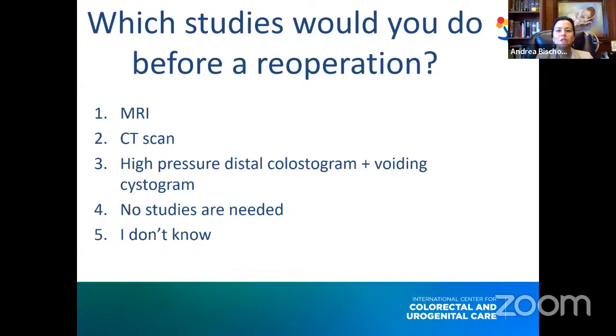Otherwise, you know the Swiss cheese model, that when a catastrophe happens, there were several layers that were invaded. And I think when you have a mistake, you have to step back and do the safest thing. So in my opinion, for this case, I would not redo a PSARP without a colostomy.